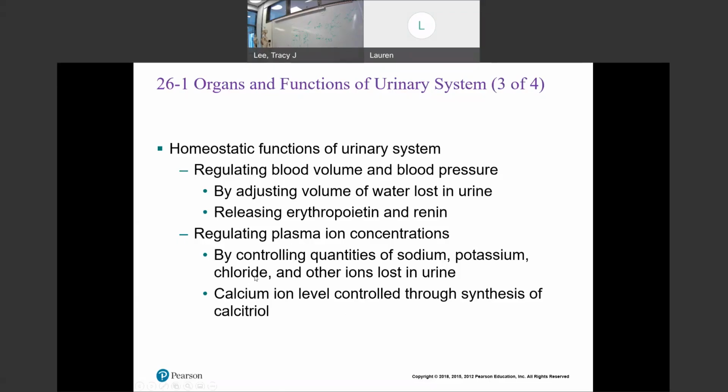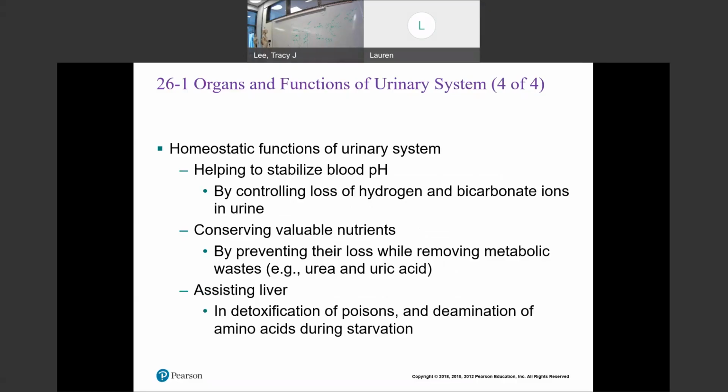Chloride's another big one, and you're going to see when we look at the kidney tubules, chloride is part of the trading system. Remember on sodium potassium pumps, who's trading? Sodium goes one way, potassium goes the other way, right? We're going to see chloride go with them as well. So you usually see these three together: sodium, potassium, and chloride. And then calcium, we talked about calcitriol and calcitonin. We can get rid of excessive calcium by excreting it out.